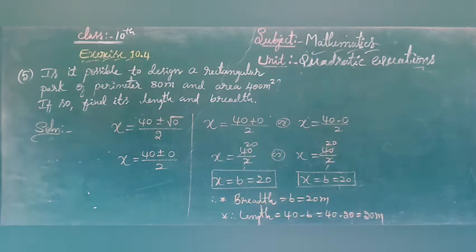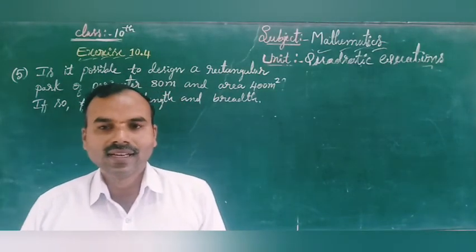Therefore breadth of the rectangular form equals 20 meter, and the length equals 40 minus B, equals 40 minus 20, equals 20 meter. Here breadth of the rectangular form is 20 meter and the length of the rectangular form is also 20 meter.